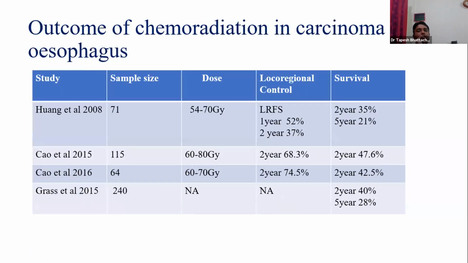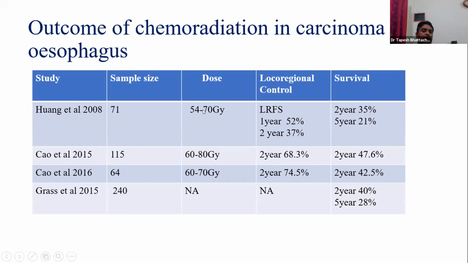What is the outcome of chemoradiation in carcinoma esophagus? These studies are Cow et al. in 2015 and 16, and Grass in 2015. All these are important studies because in cervical esophageal carcinoma the number of studies is very small, but these are few studies where the sample size is reasonably good, like 71, 115 or so.